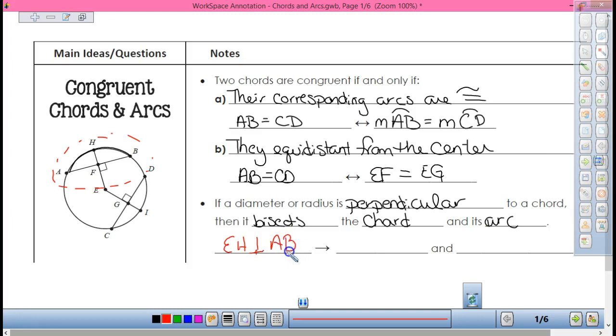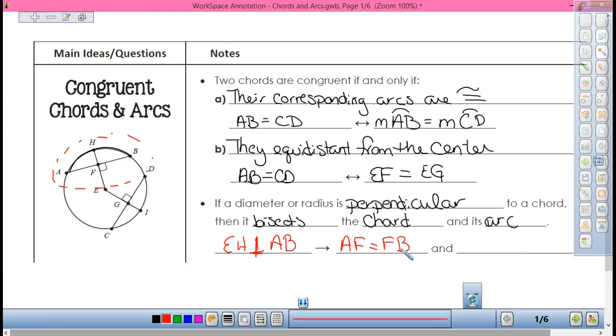AB. Okay, so if those are perpendicular, and remember our perpendicular symbol is this. Then it says it bisects the chord. So if my chord is AB, and it bisects that chord, who is congruent? AF is going to be equal to FB, yep.